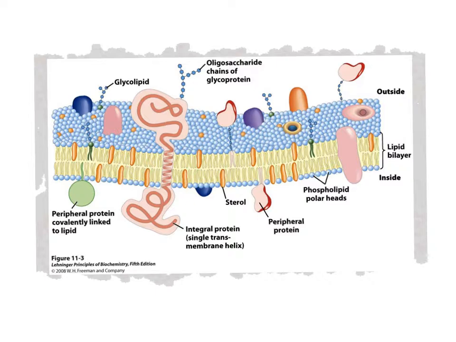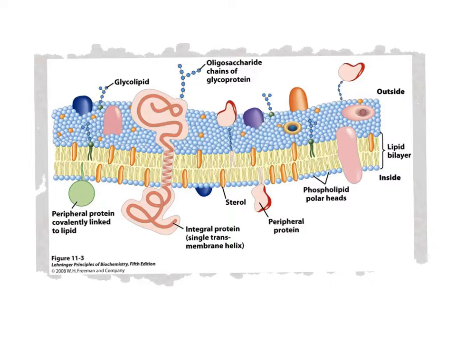Now, the same thing goes with this one over here. That's not a peripheral protein at all. Even in your book, when you read about it in a moment, you're going to see the reason why. Integral proteins means they have to have some type of integration into the membrane. They do not have to completely traverse the membrane to be considered integral. When we talk about the types of integral proteins, there's a whole class of integral proteins that are covalently linked to lipids. So I don't know why they put that on this figure.